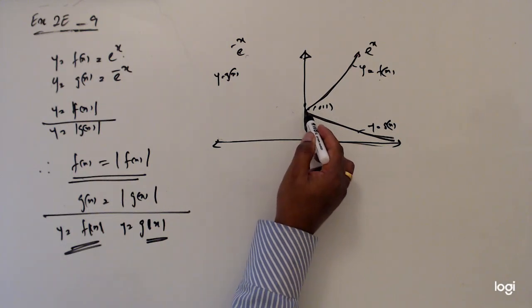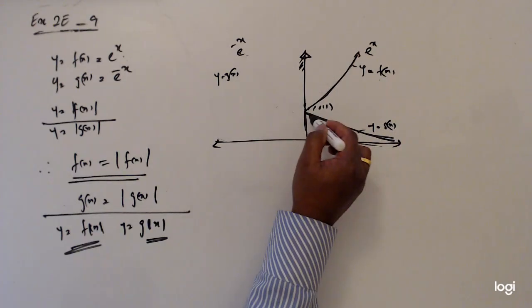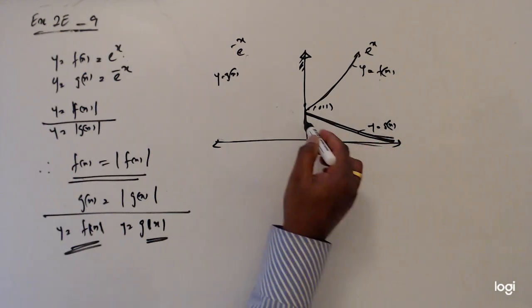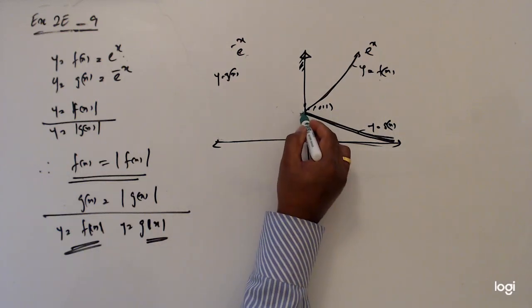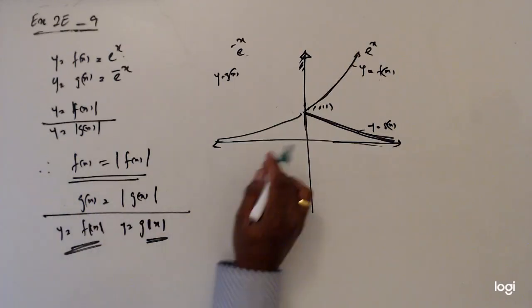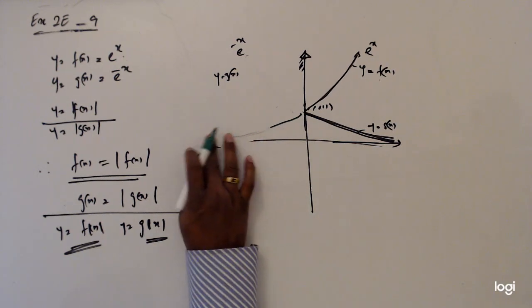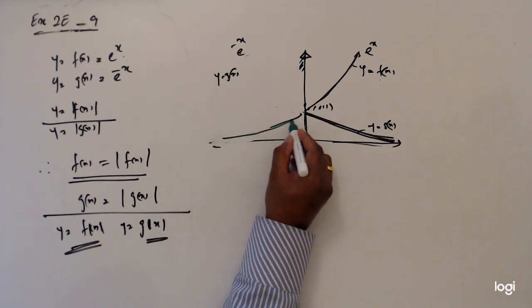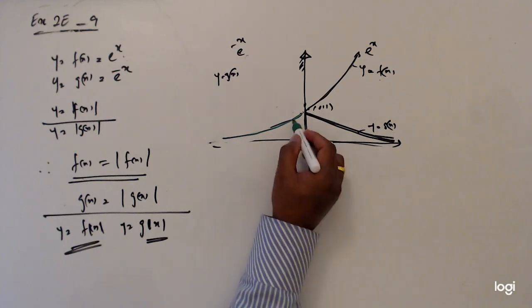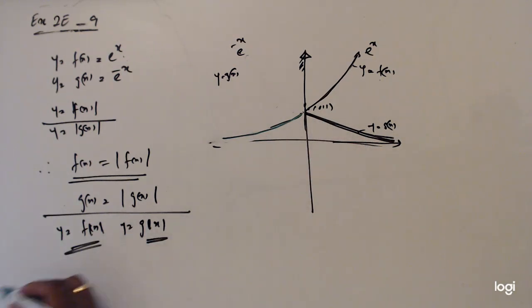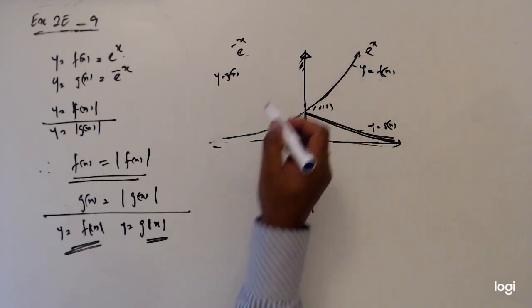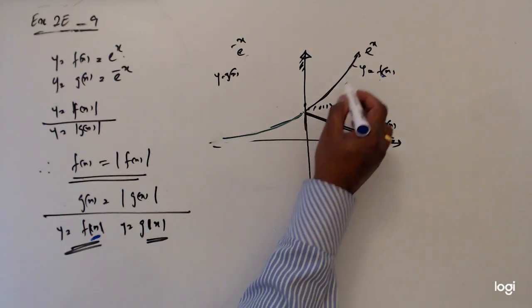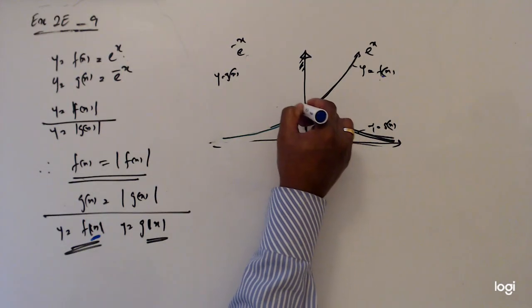Then when we keep the mirror reflection of g(x), it is this one. So this is the mirror reflection of this g(x). And when we consider the other graph f(x), the mirror reflection of this part.